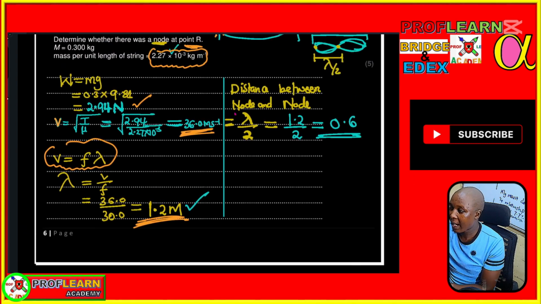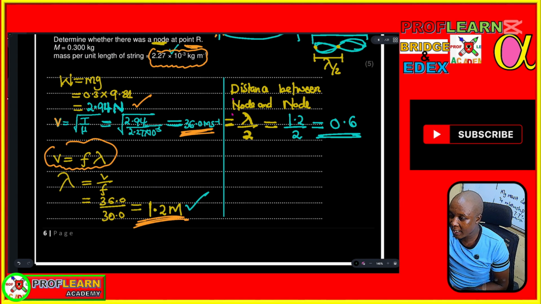But we have agreed that the distance between a node and another node is going to be half a wavelength.